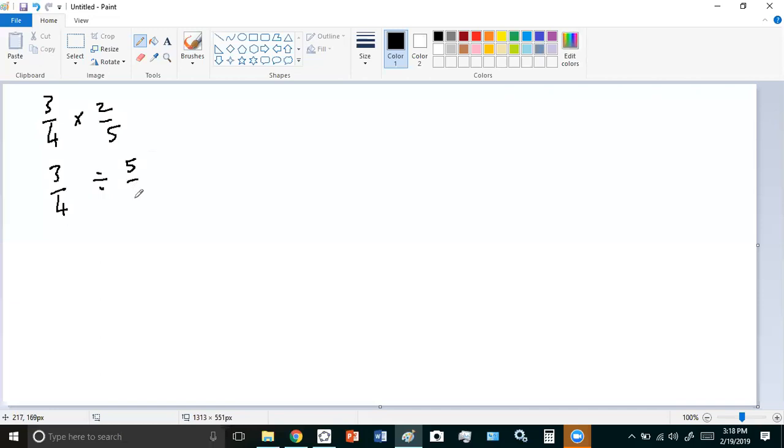Because division is just this measure that you see over here, 3/4 over 5/2. Division just uses the denominator, this denominator here that you see, to measure the numerator. And multiplication is also the same kind of measure, but with the reciprocal of one of the operands.